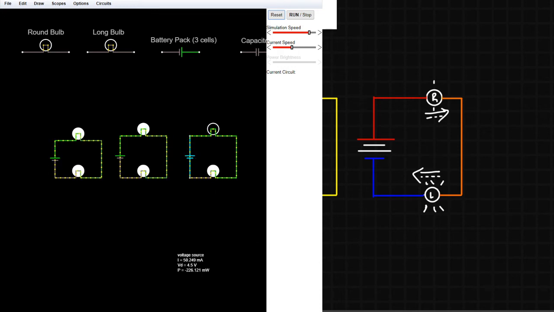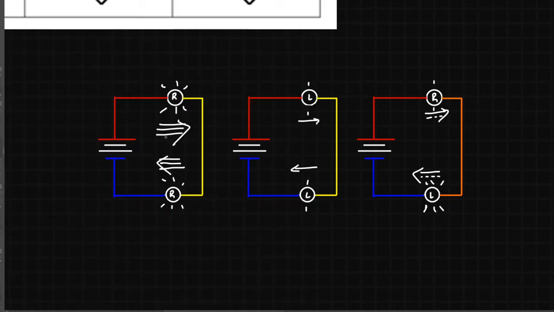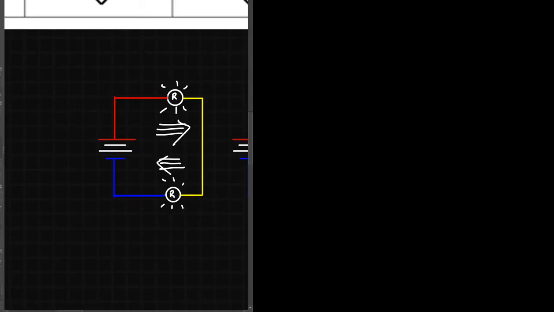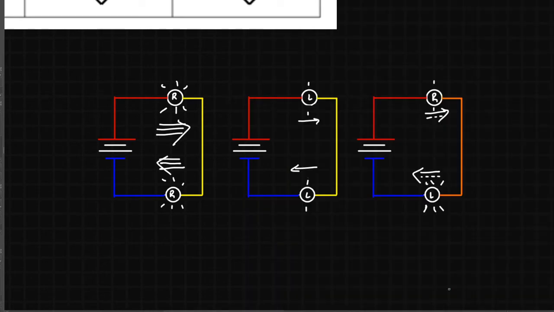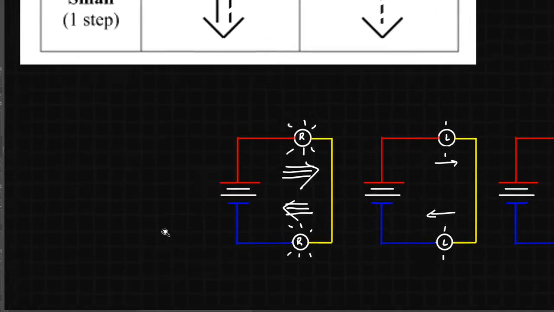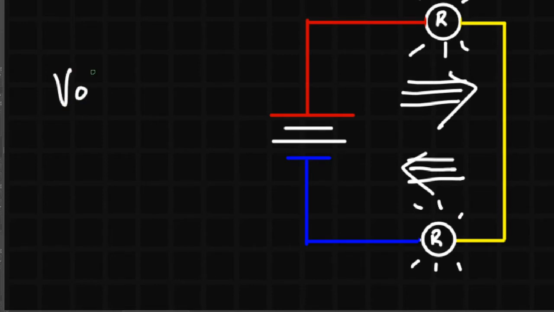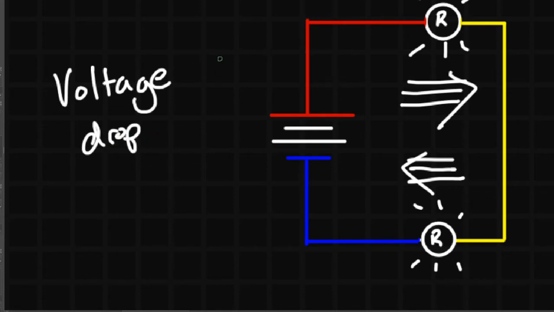drop. Now, voltage drop is a fancy term for the pressure difference. Voltage drop is the amount of difference here between the red and the blue.